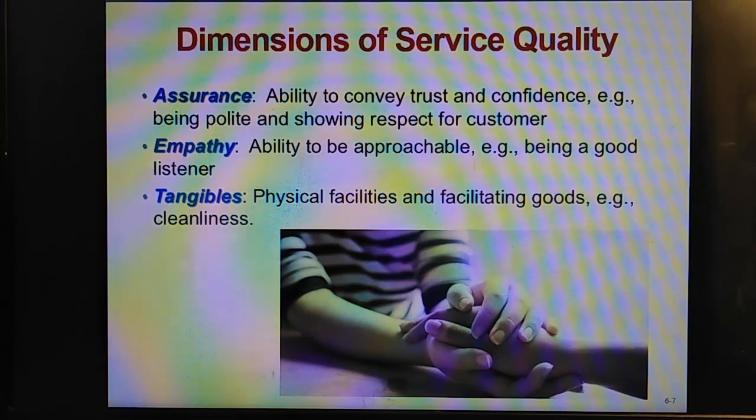The fourth dimension of service quality, or SERVQUAL, is empathy. Empathy is the ability of the service provider to be friendly and to listen deeply to the customer's problem or needs. For example, you said you are looking for good furniture.